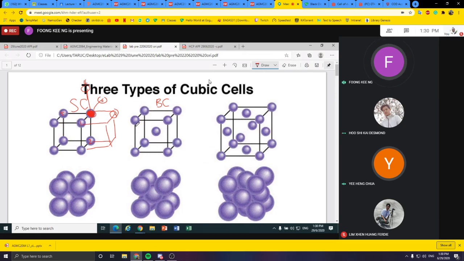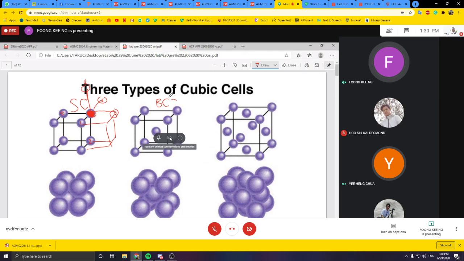Follow? All right. So for a body centered cubic, BCC, the best atom to look at to define coordination number is definitely not the atom at the corner of the cube, because you can't view it as a whole. It's the one in the body of this unit cell, inside the center, one whole atom, correct? So if you see in this diagram, it is clear cut.